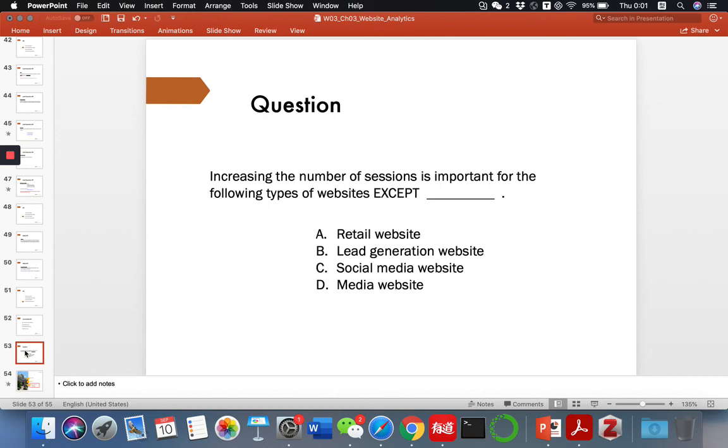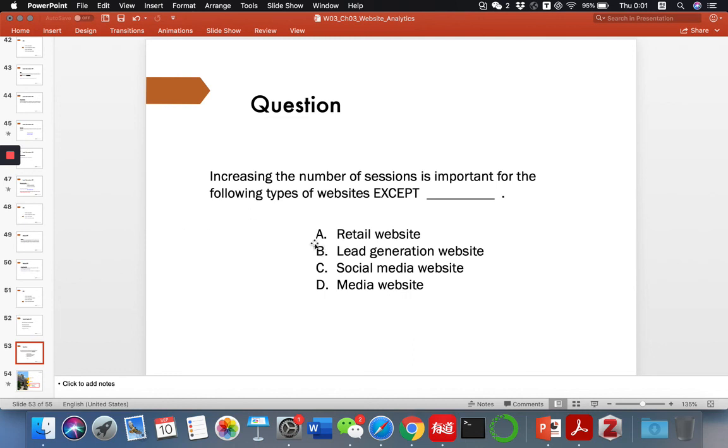And C and D, social media and media websites, both of them also care about sessions, because it means engagement or interest in what you offer, right?